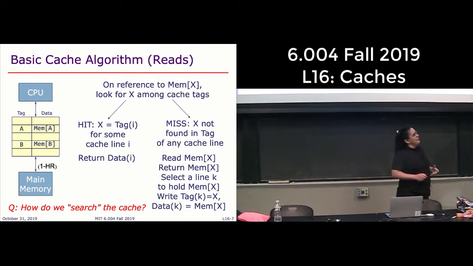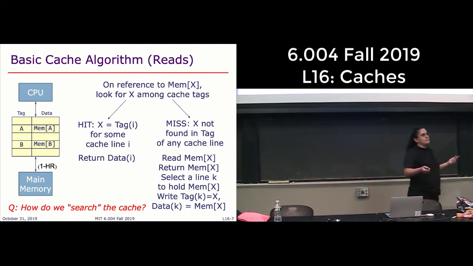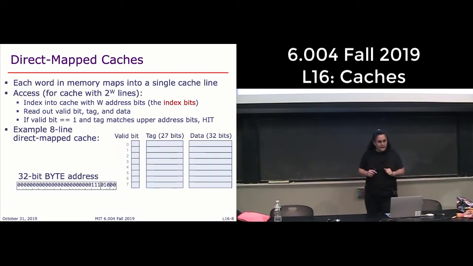And so what we're going to look at today is, how could we use a particular algorithm to determine where in the cache we should be looking for this address X so that we can reduce that search time? Okay? All right.